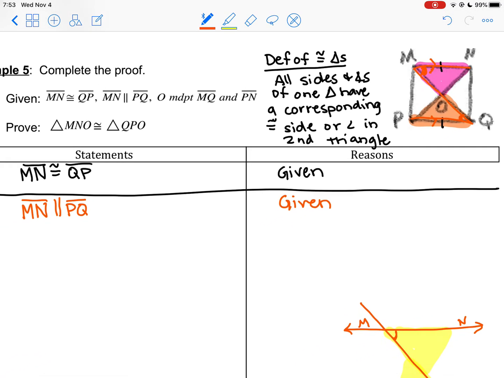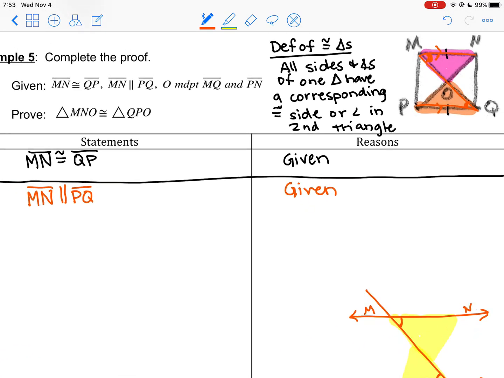So in this top triangle, that angle would be NMO. So the first thing I'm going to say is angle MNO is congruent to, and then the angle at the bottom, that would be congruent to angle PQO.